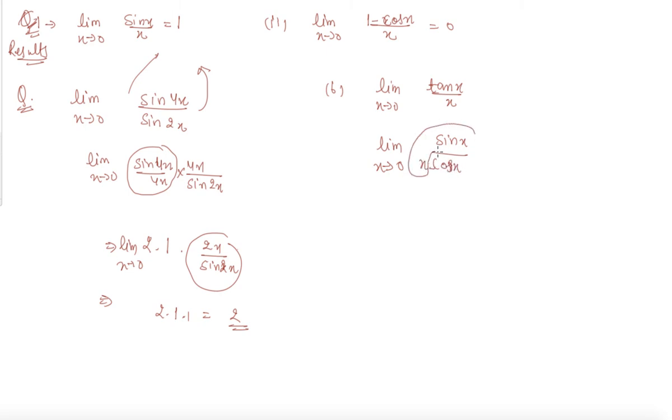So sin x by x comes out to be 1, and we are left with 1 by cos x. After putting x equal to 0, cos 0 is 1, so we are left with 1 by 1, which is 1. So from now onwards, students, you can use this also as a standard result: limit x tends to 0 of tan x by x is always equal to 1.